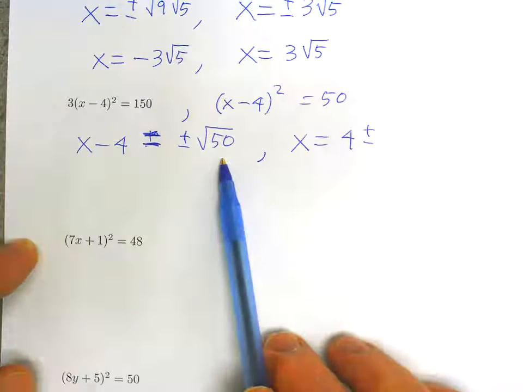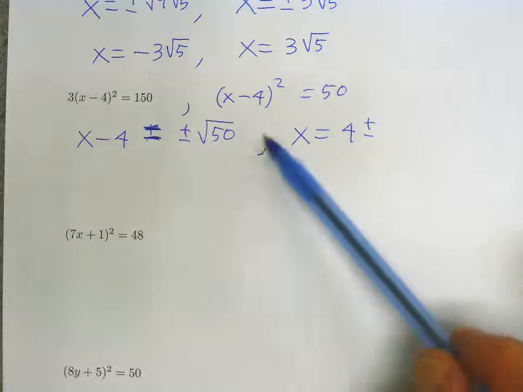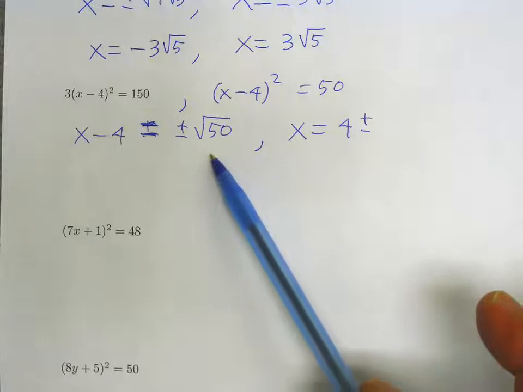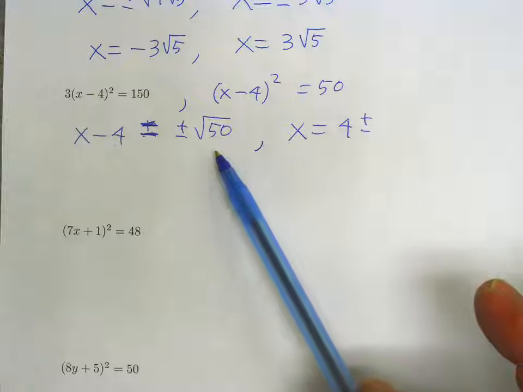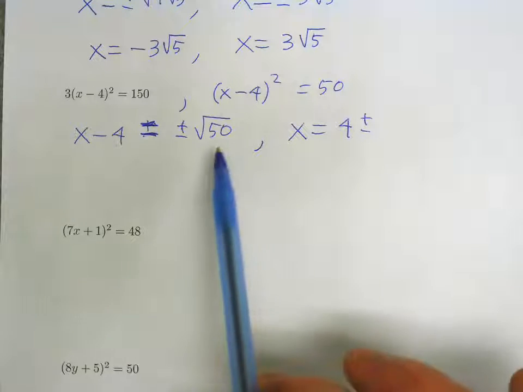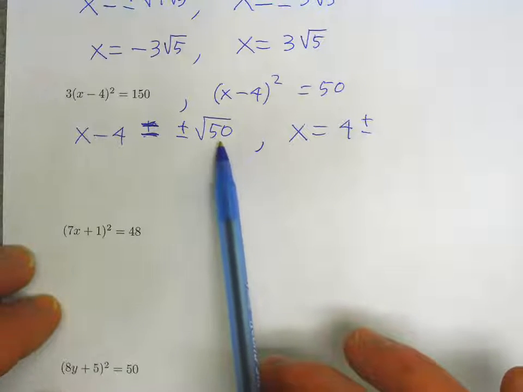And then when we simplify the square root of 50, with a little bit of practice, you can just tell what the square root of 50 is going to simplify to. It's going to simplify to 5 times the square root of 2. And that's fine if you see it, but I'll go ahead and write it in a little more detail right now.